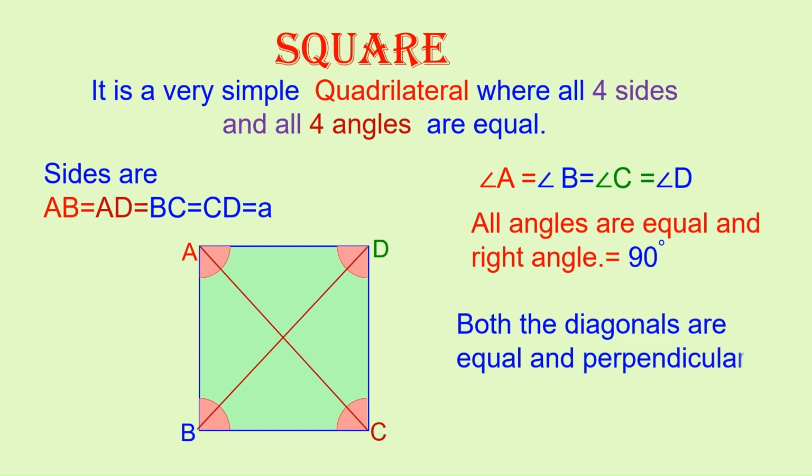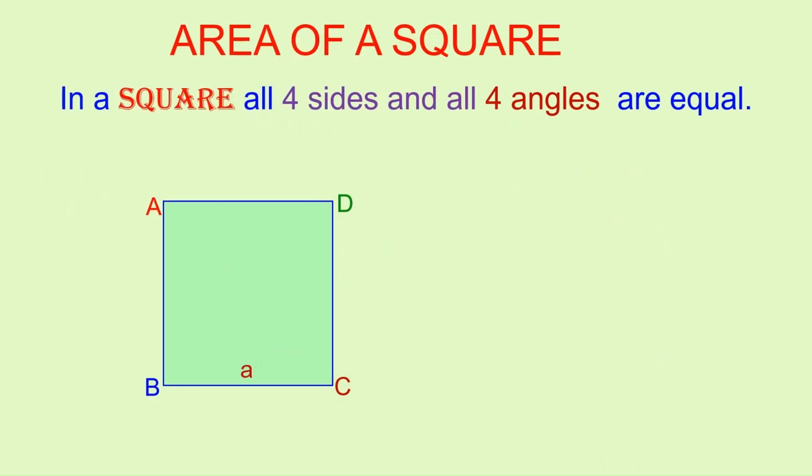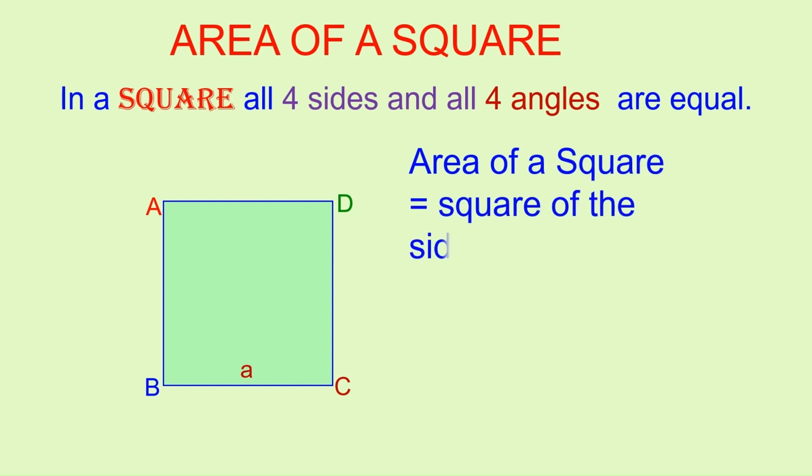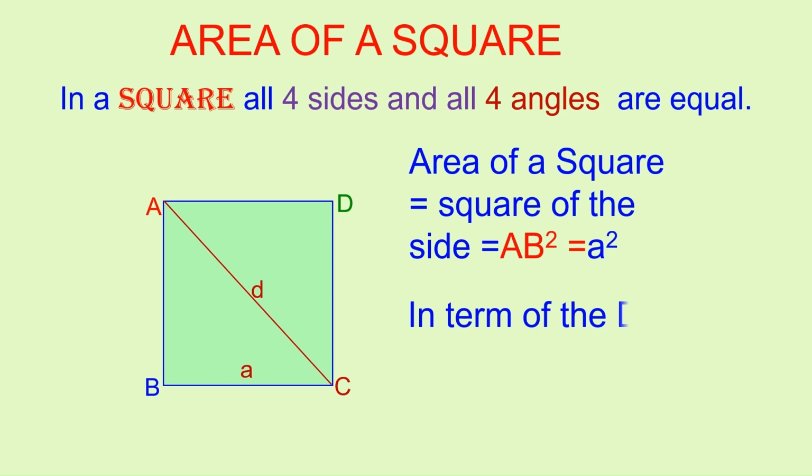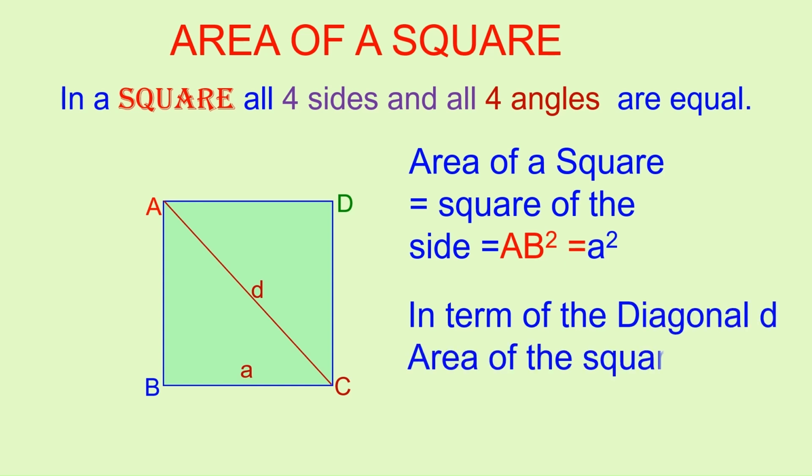Both the diagonals are equal and perpendicular. Area of a square equals square of the side equals AB square equals a square. In terms of the diagonal D, area of the square equals 1/2 times D square.